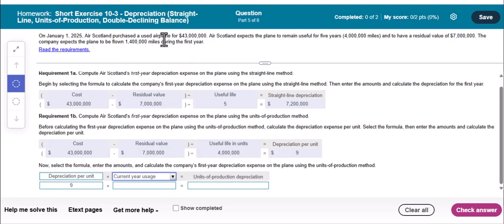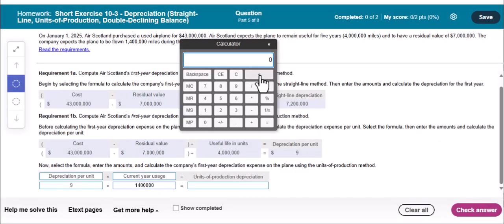And that is given to us here for the 1.4 million miles during the first year at the top of the problem. So we'll go ahead and input that amount, 1.4 million. And then we can get our calculator out here to figure out what that amount is. So we have the $9 of depreciation per mile times 1.4 million miles.